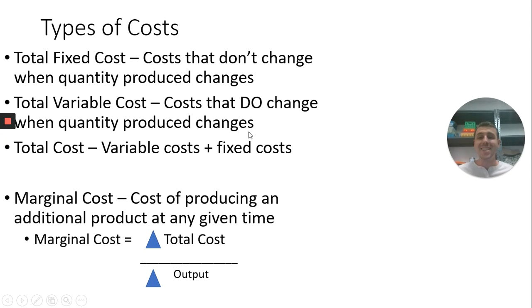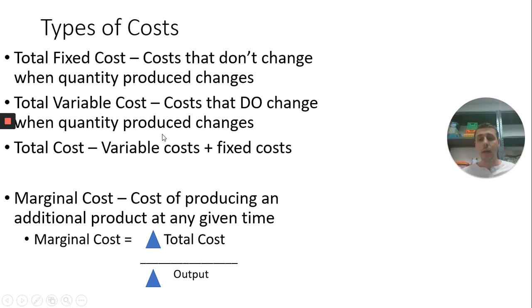Now, variable cost does change. These are costs that change when I have a higher quantity. So if I'm making more pizzas and I need more cooks on staff, I'm going to have to pay more in labor. If I have a slower week and I tell some cooks to go home, I will pay less in labor, my variable costs, right? So based on how much I actually make, the quantity that I produce, my variable costs can go up or down.